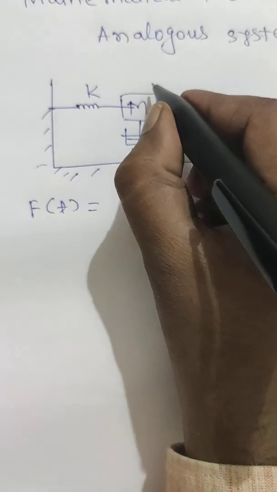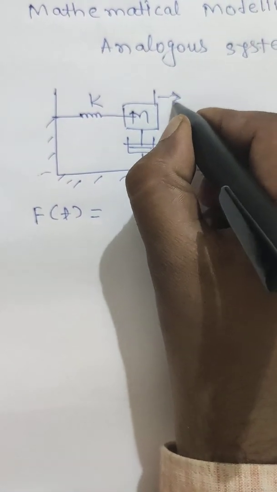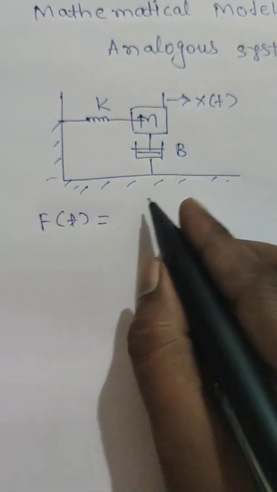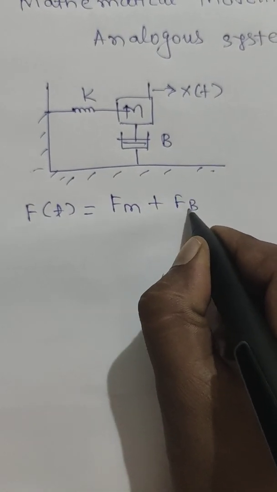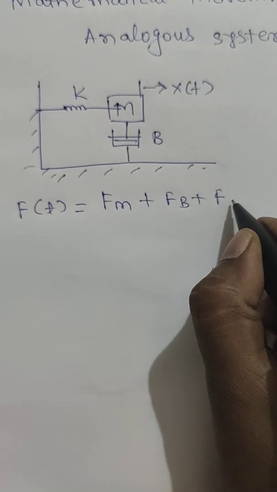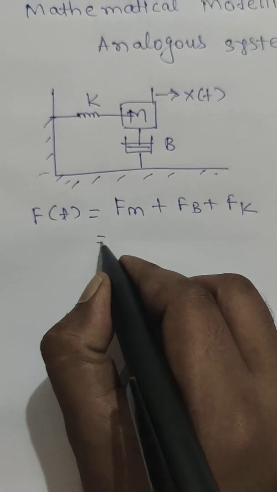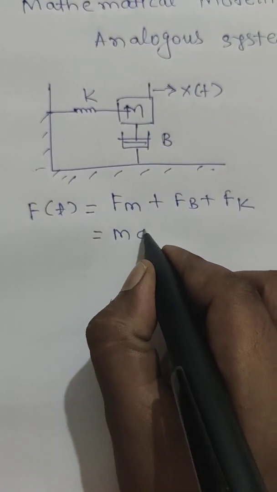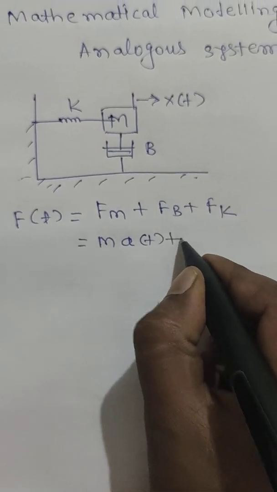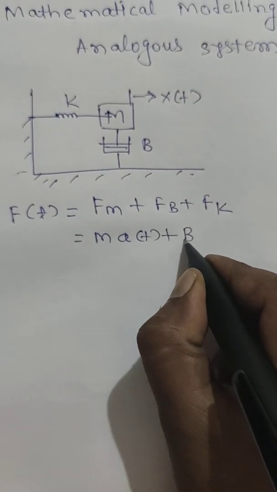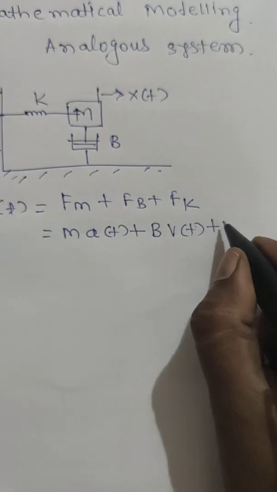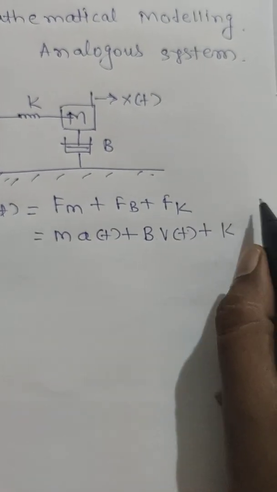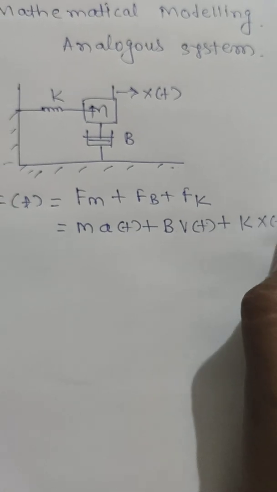The force of this mechanical system is the force by mass plus the force by friction plus the force due to the spring constant. Force due to mass is mass into acceleration, force due to friction is friction into velocity, and force by the spring is spring constant into displacement.